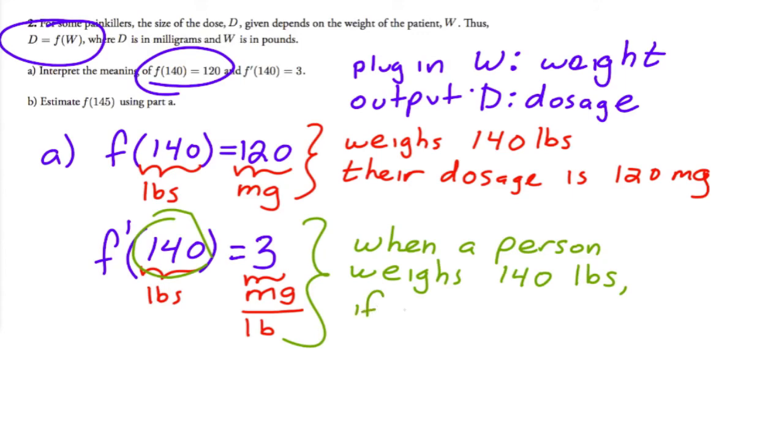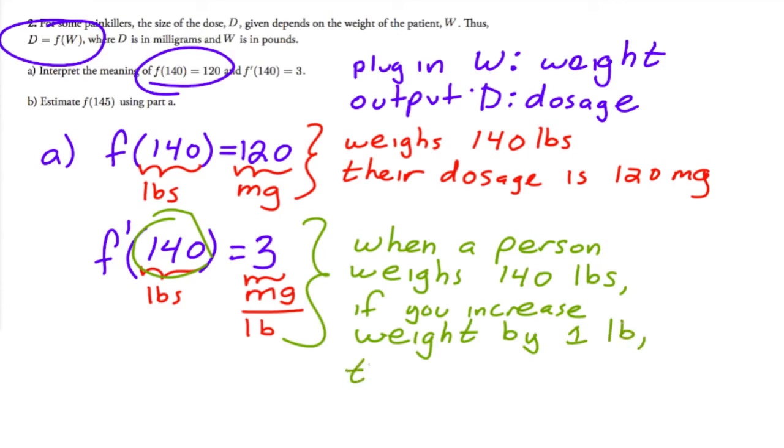if you increase the weight, this is really important to understand, if you increase the weight by 1 pound, what happens to the dosage? What happens to the dosage? Think about it for a second.